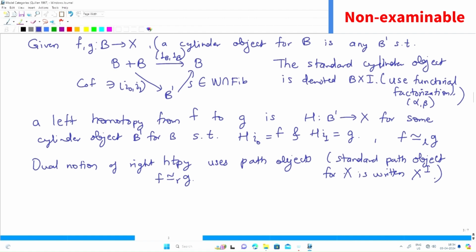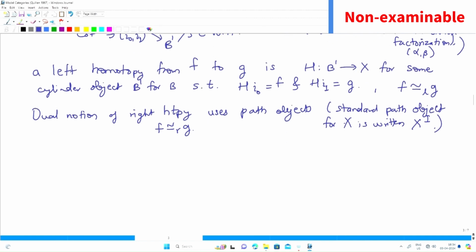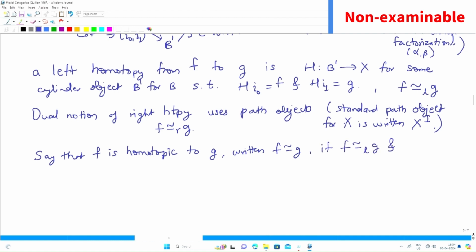I'm not going to write down the dual definition. You should be able to figure it out on your own. And then what will be homotopy? We say that F is homotopic to G if F is both left homotopic and right homotopic.